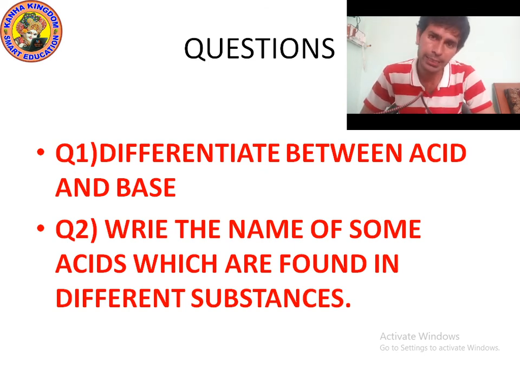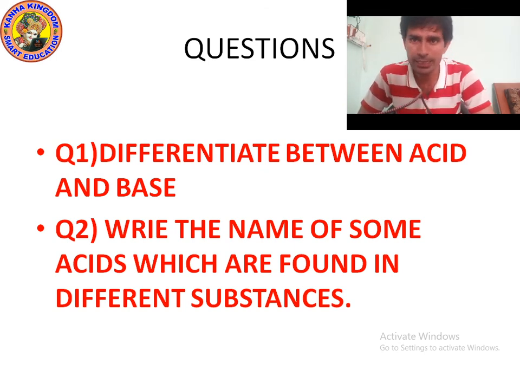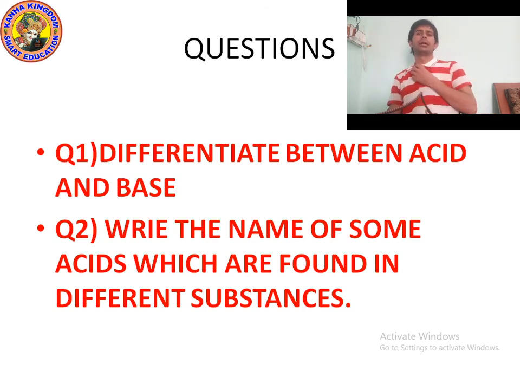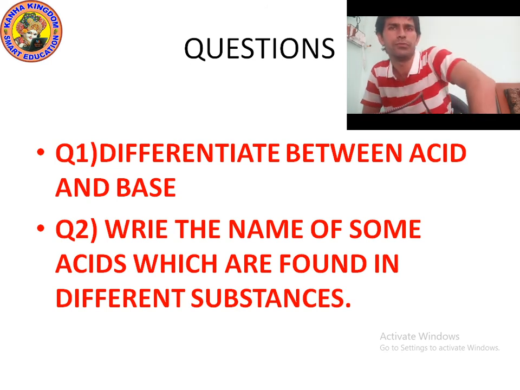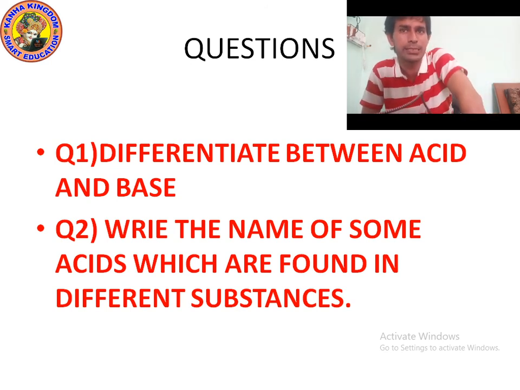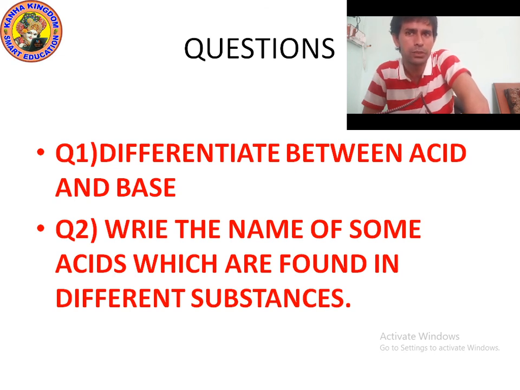So, hydrochloric acid found in stomach, sulfuric acid found in car battery, nitric acid found in explosives, acetic acid found in vinegar, carbonic acid found in soda, phosphoric acid found in flavorings, formic acid found in ant sting, citric acid found in lemon and orange, lactic acid found in curd, oxalic acid found in spinach, ascorbic acid found in amla and citrus fruit, tartaric acid found in tamarind, grapes, and unripe mango.